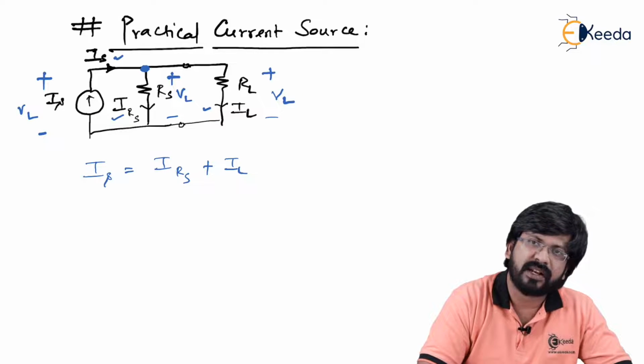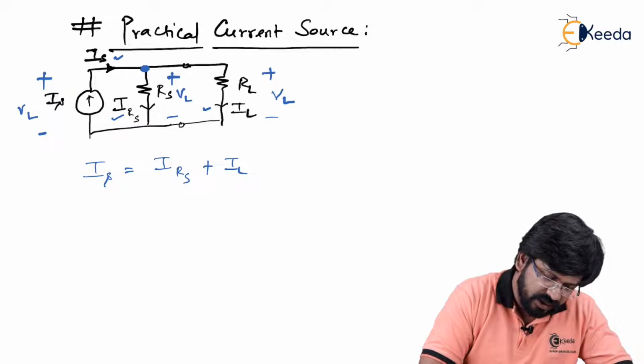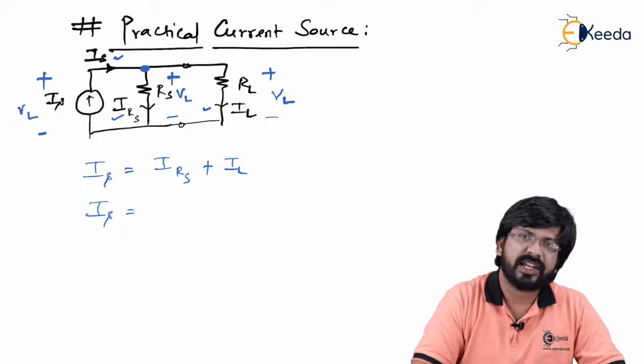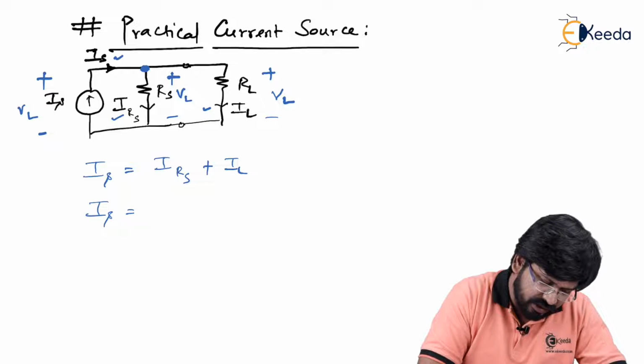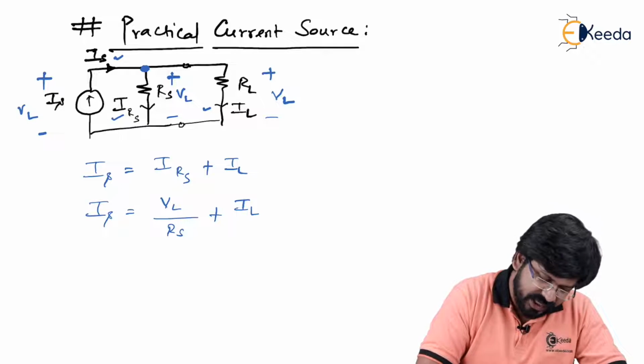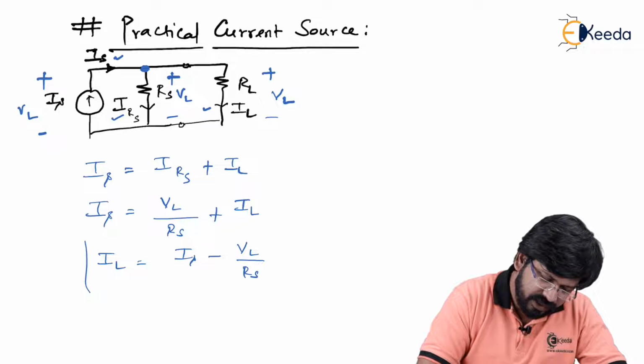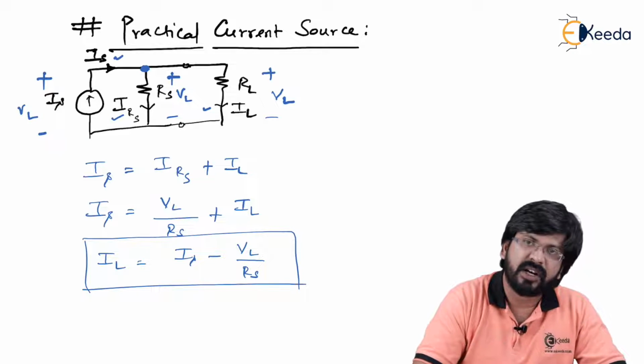Because voltage in a parallel circuit remains the same. Now I can write IS equal to IRS, which can be replaced by Ohm's law, that is VL by RS, plus IL. Or I can say IL is equal to simply IS minus VL upon RS. So now this is the equation of IL, which is nothing but the load current.